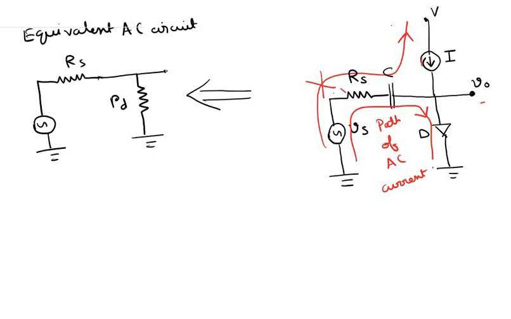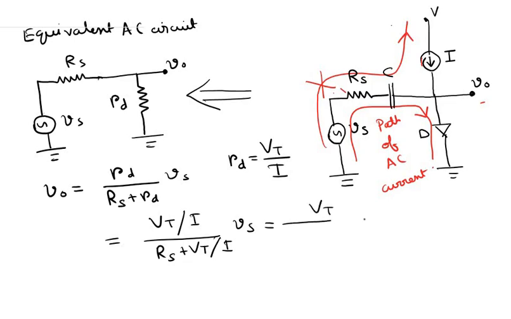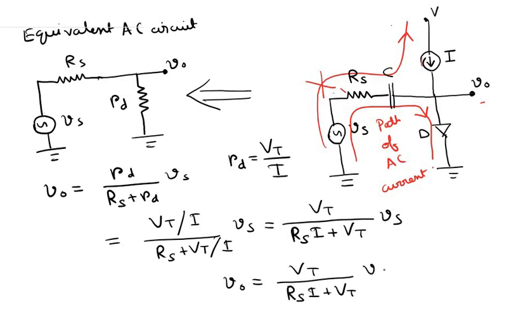So the AC component of the voltage drop across the diode is just V0 equals Rd divided by Rs plus Rd times Vs, and Rd we have already seen is Vt divided by I. So this is Vt divided by I, divided by Rs plus Vt divided by I, times Vs, and this is equal to Vt divided by (RsI plus Vt) times Vs. So this is basically the expression of V0 which we were asked to find out. This is our answer.